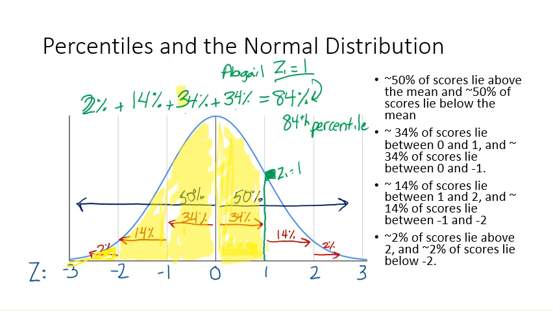You could also count up the scores that are higher than her score. And if you added these scores up in this region, 14% plus 2%, you would see that that equals 16%, and you could say that 16% of individuals had scores higher than her score. This is called the 50-34-14 rule, or the normal approximation rule, and we'll be working with this in our class today.